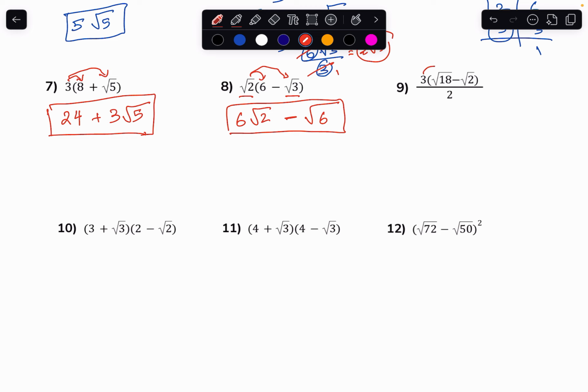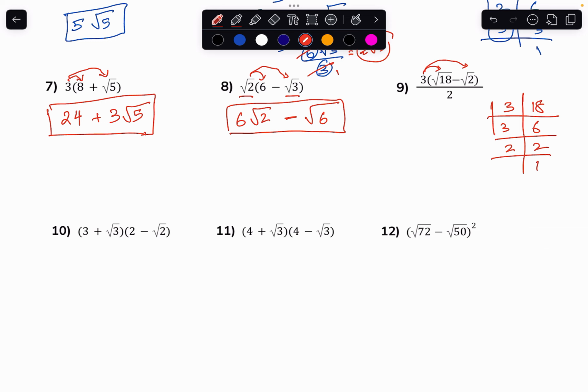Question number 9. 3 by 18 and 3 by 2. 18 can be written as... 3 is a pair, right? That will come out. Inside 2 is remaining, minus root 2.